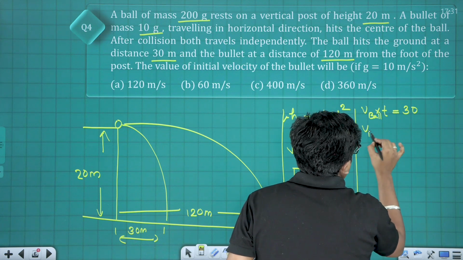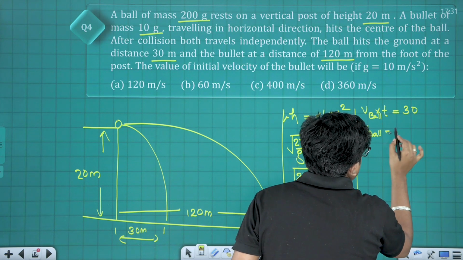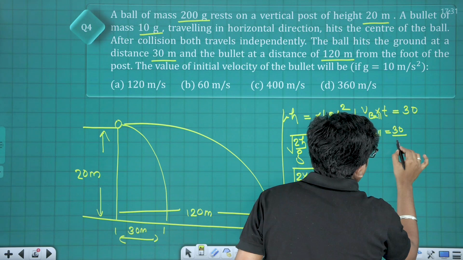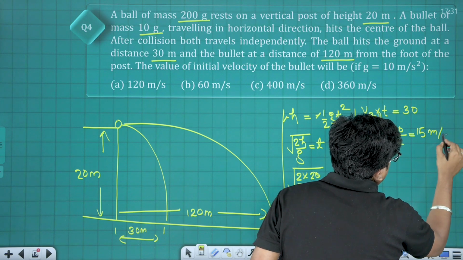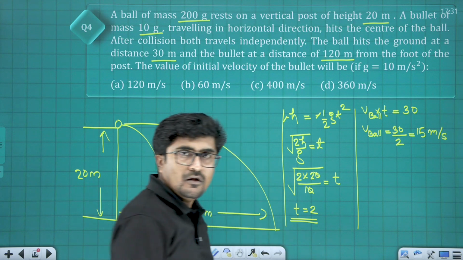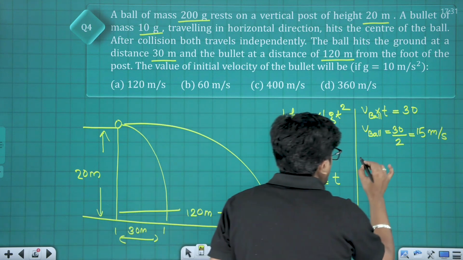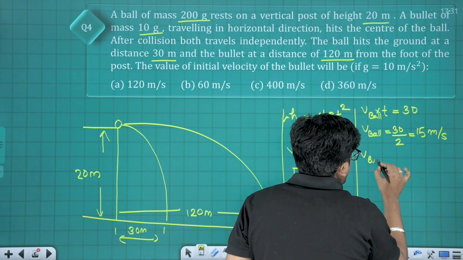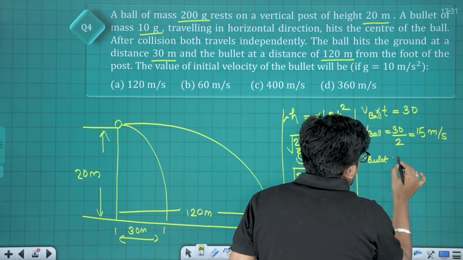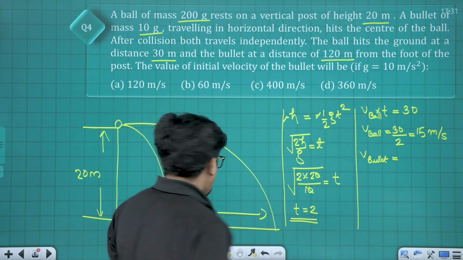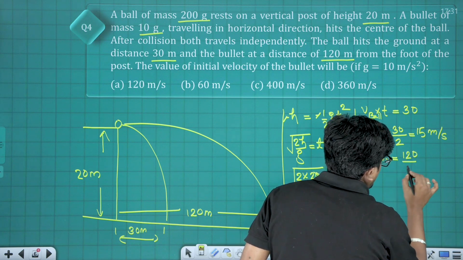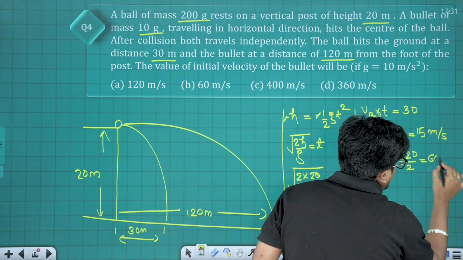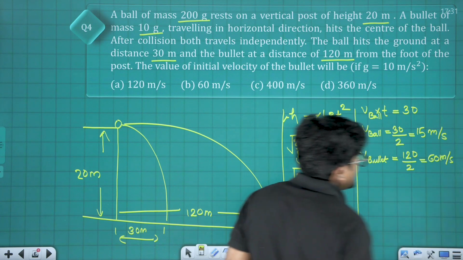So velocity of the ball is 30 divided by time taken 2, that is 15 meter per second. Similarly, velocity of the bullet is, distance traveled is 120 divided by 2, that is 60 meter per second.